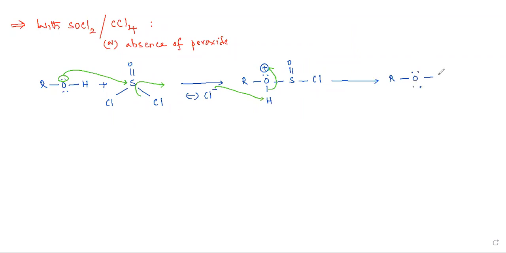This will give us ROSOCl. Now, from this, the mechanism will be different. See, this chloride attacks the alkyl group from the same side of it. Let us say from the front side. And say this all is happening within the molecule.